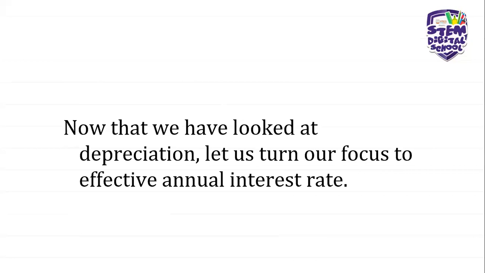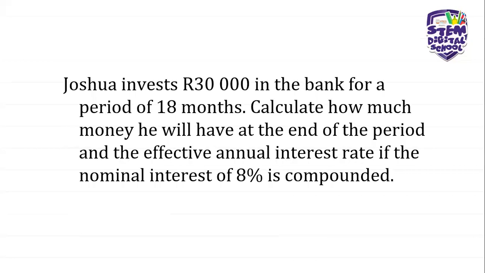So in this case, I want us to look at the annual interest rate, which in this case will be the effective one. And in the next example, we look at the investment which is made by Joshua. Joshua makes this investment in the bank for a period of 18 months.